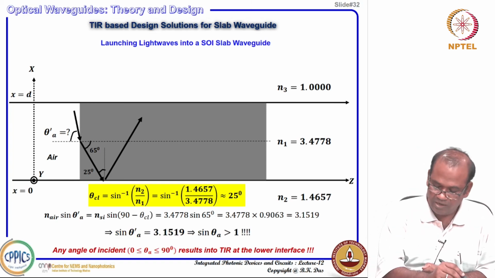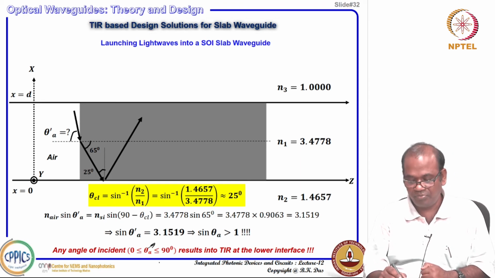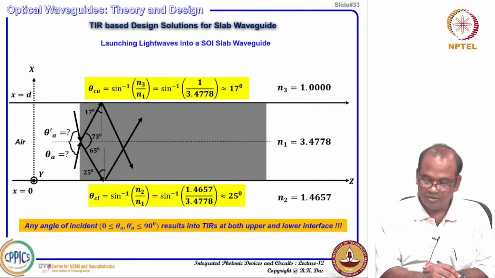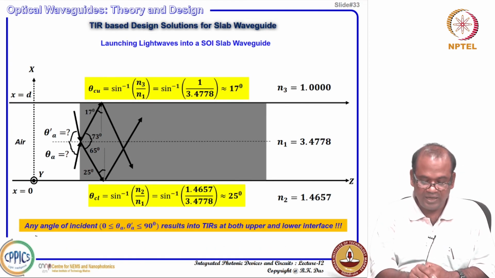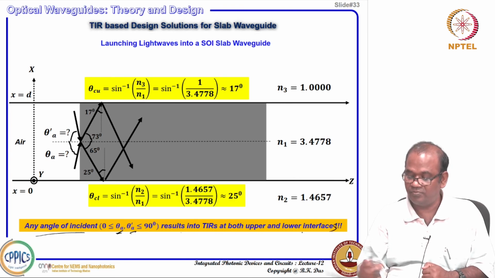Okay. So that is why we say that any angle of incidence theta A, from 0 to 90 degree, results in total internal reflection at the lower interface. And so finally, we can say that any angle of incidence theta A and theta A prime results in total internal reflection at both upper and lower interfaces.